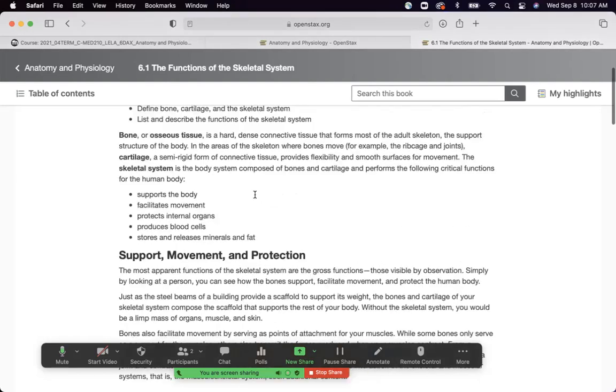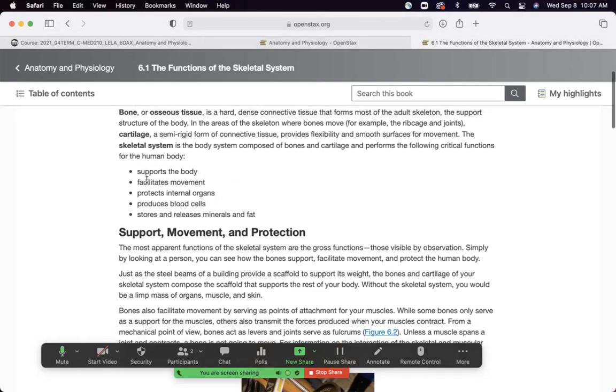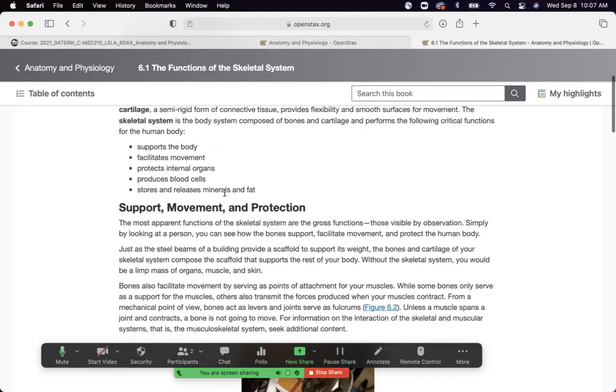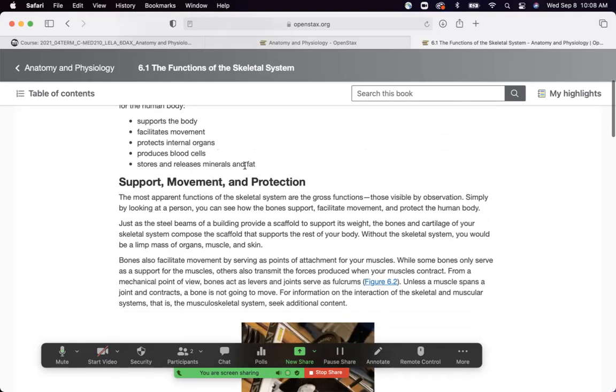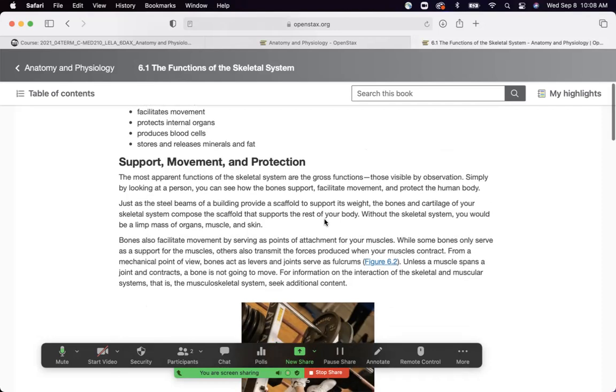So you could see that when you have a broken bone, I'm not only considering your mobility, I'm considering a whole bunch of other things. Your red blood cell count is one of them, your minerals, and the fat rolling around that could be a potential embolus or blockage somewhere in your cardiovascular system, especially if it's a large bone like your femur.